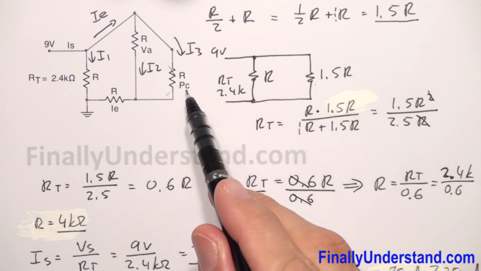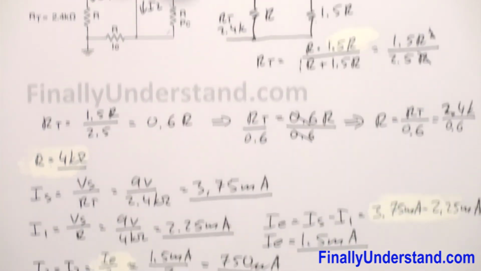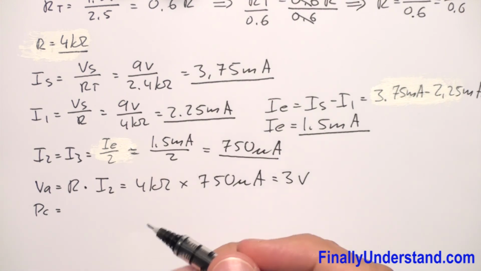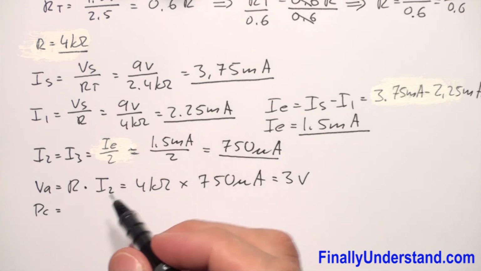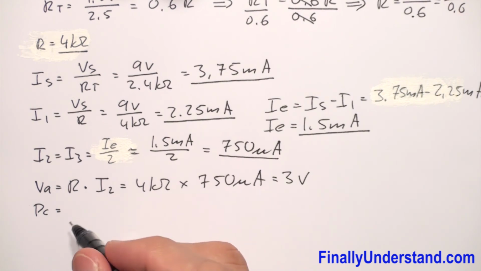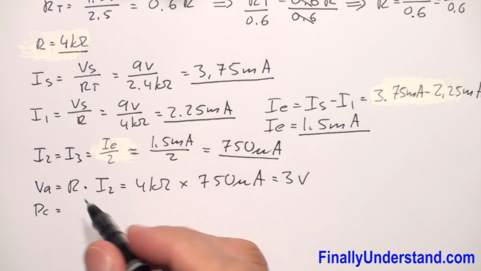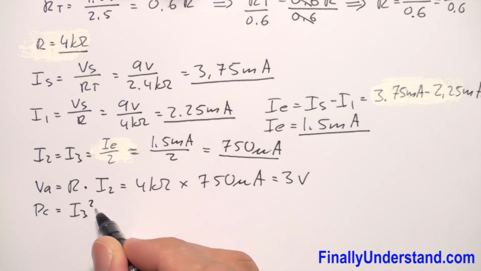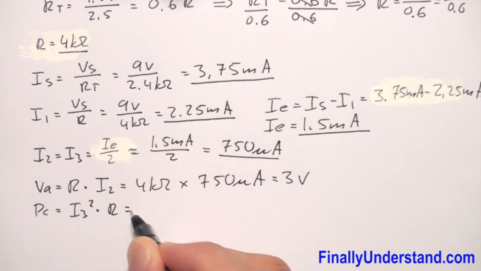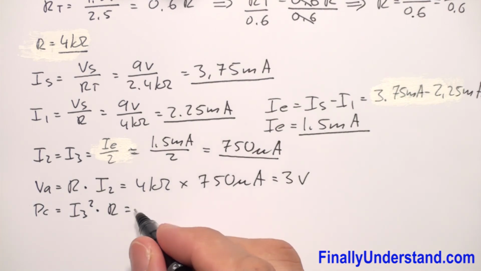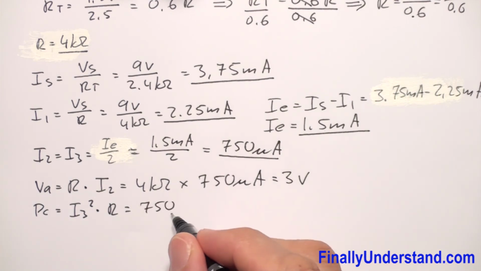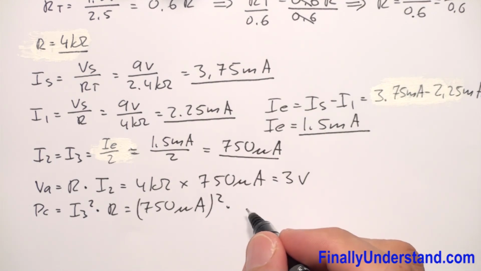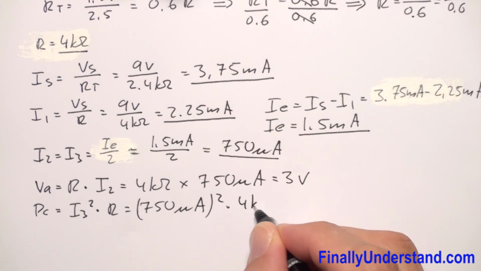Next, we're supposed to find PC. We can solve this value by using, let's say, the following formula: I3 to the second power times R. I3 we found is equal to 750 microamps to the second power times resistance 4 kilo ohms.